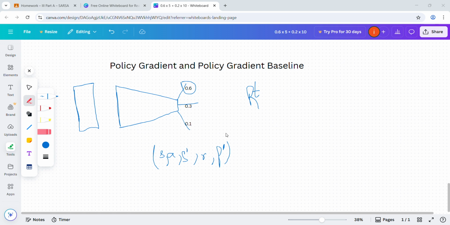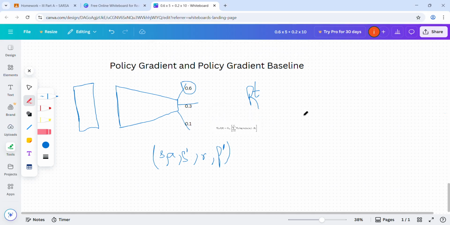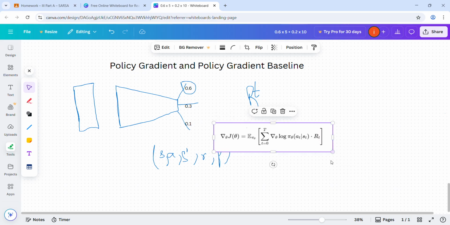So here is the term. Let me copy it. Copied. Okay, so here it is. Let me make it a little clearer for you.